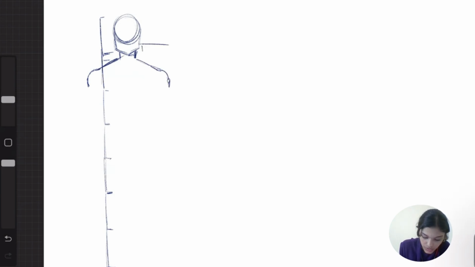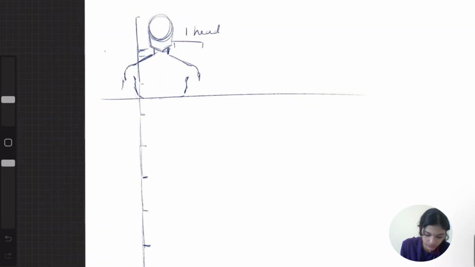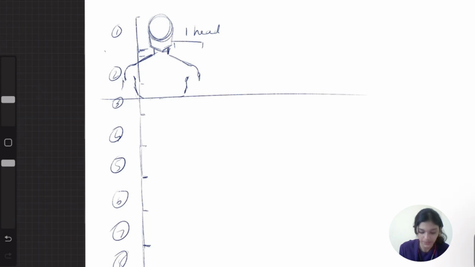Each shoulder is about 1 head long, each side, okay? And then we have their chest, like this. It ends at about half of that head. This is first head, second, third, fourth, fifth, sixth, seventh, and eighth.